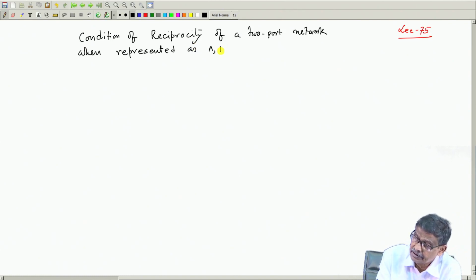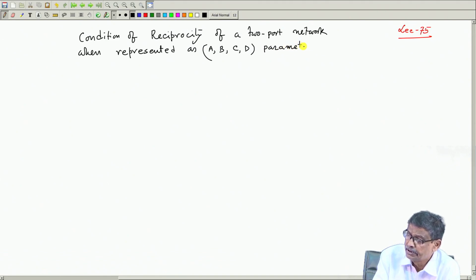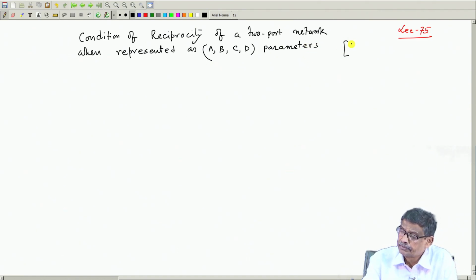What relation do the ABCD parameters satisfy?